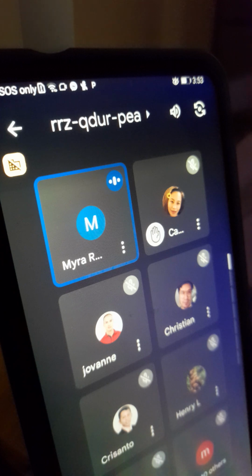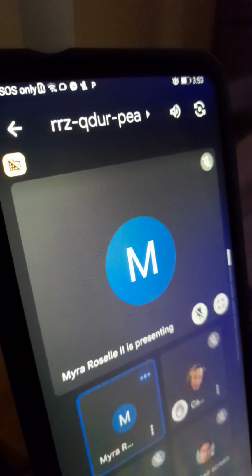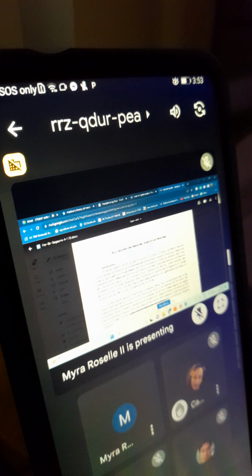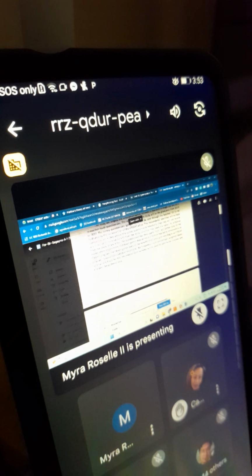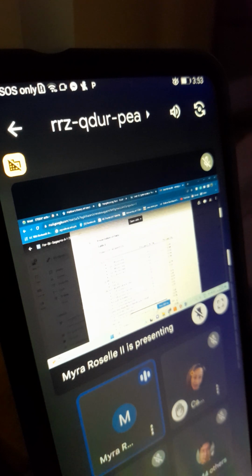Okay, I'll share. Okay. Mo ni siya ang table, statistical table from the statistician. Ingani ang ma-receive ninyo. And then you are going to interpret this one.